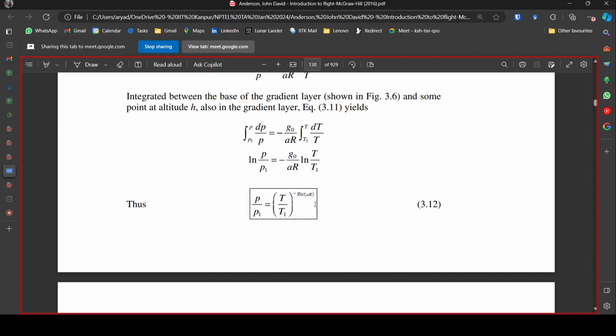Whatever is there in the exponent is a constant. So basically the pressure and the temperature are correlated. They are directly proportional. So if your temperature decreases, your pressure will also decrease.